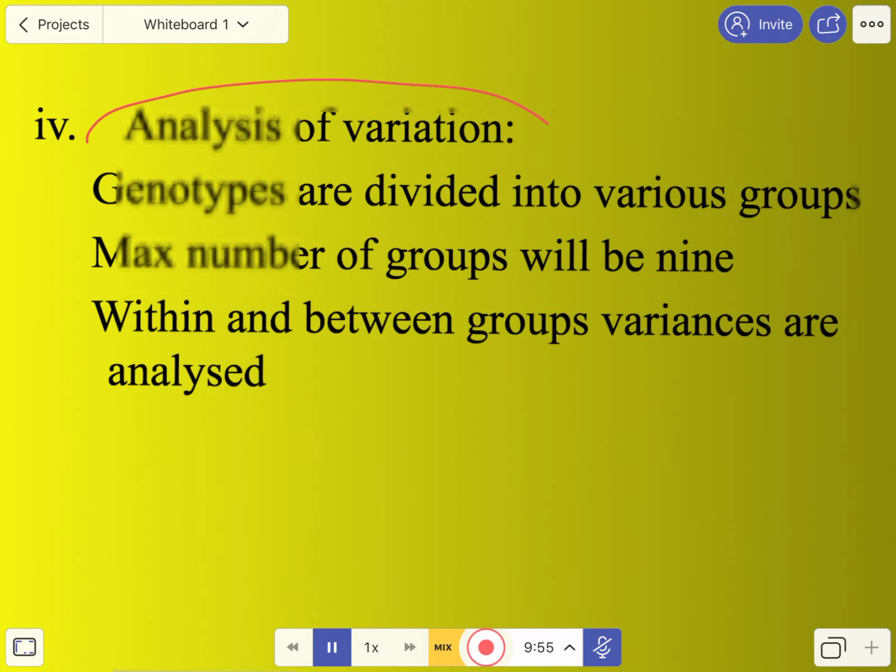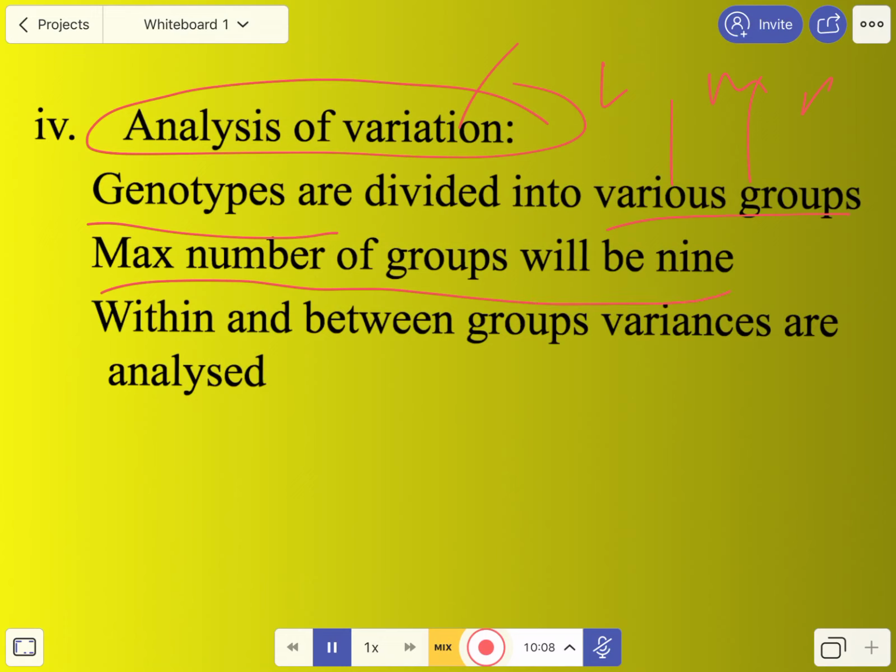The last and final step of Metroglyph analysis is the analysis of variation, in which genotypes are divided into various groups. I already said low, medium and high, and the maximum number of groups will be 9, and within and between group variances are analyzed. How?